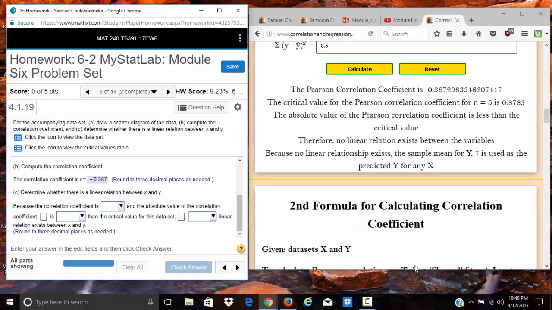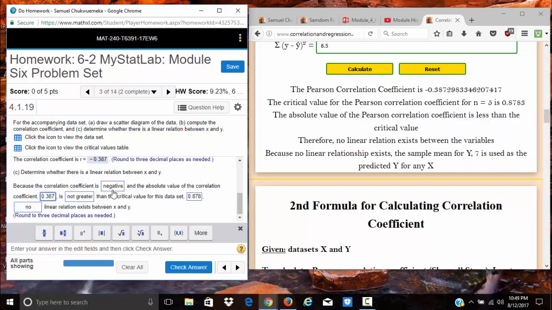So it tells you almost everything you need to know to solve these questions. The correlation coefficient is negative, as you can see. The absolute value of the correlation coefficient is positive, 0.387, and it is less than the critical value, not greater than the critical value for this data set.